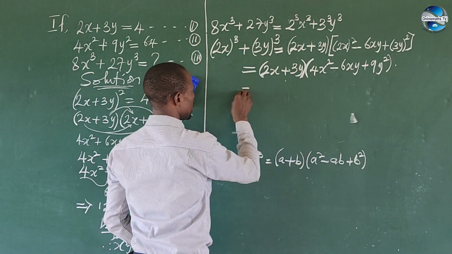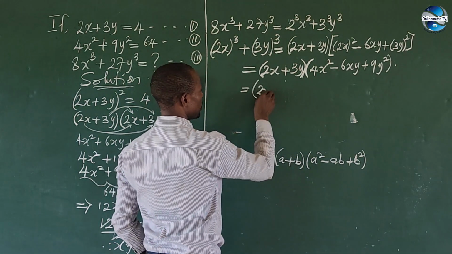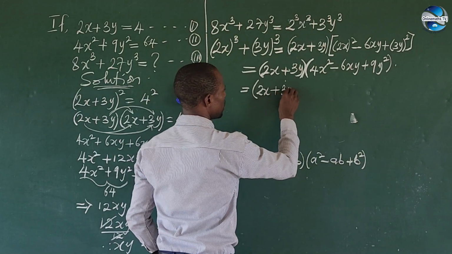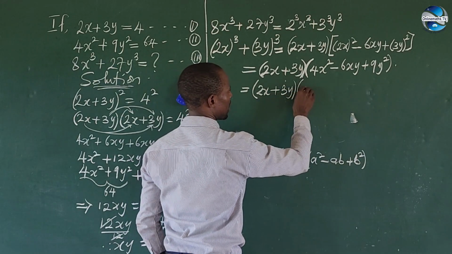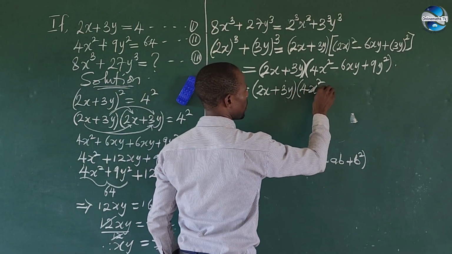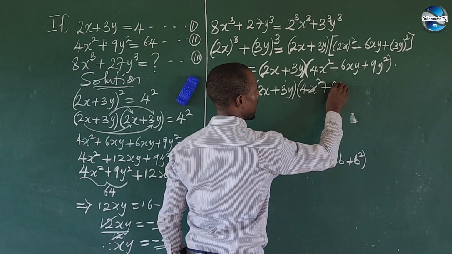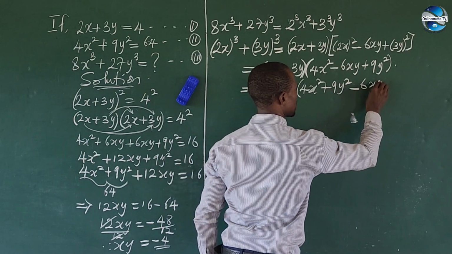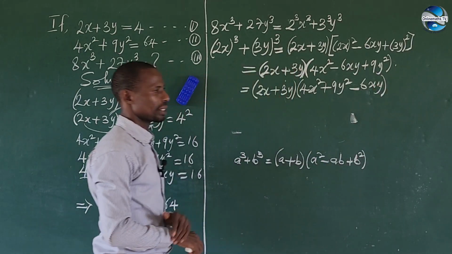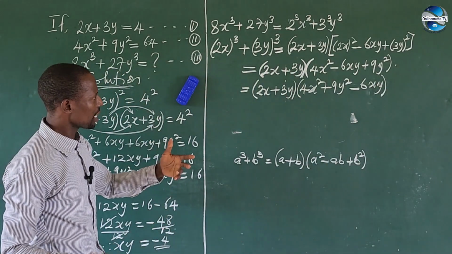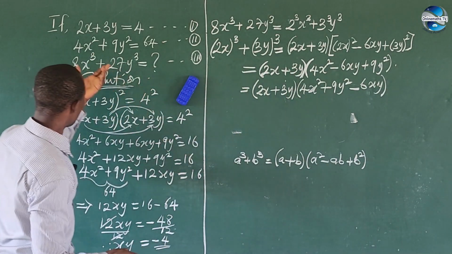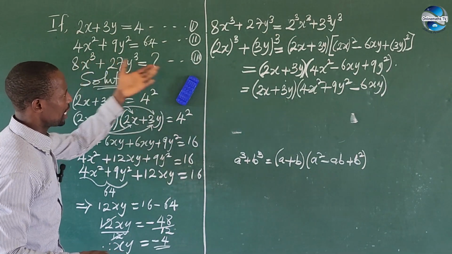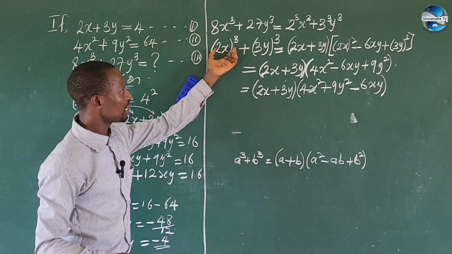So if we bring this and that together, this will give us (2x plus 3y) times (4x squared plus 9y squared minus 6xy), because here we are asked to find the value of this, and that is what we have simplified to this expression here now.